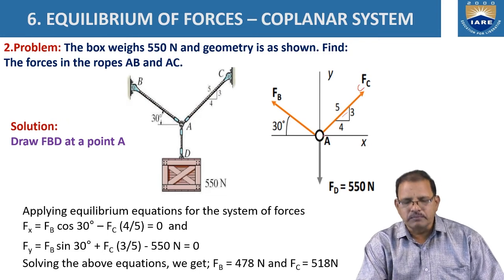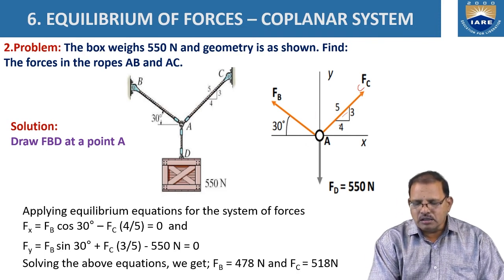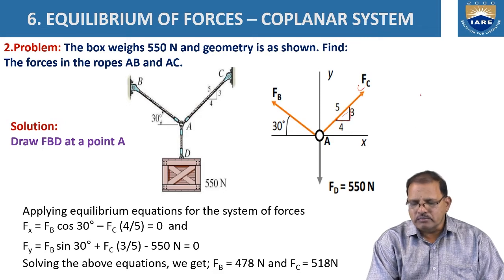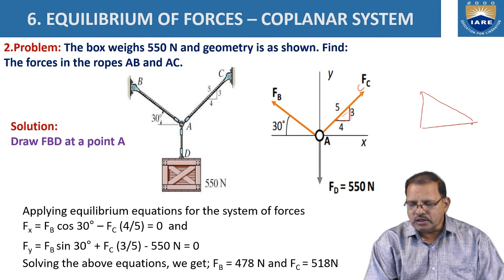Similarly, for AB, it is represented as F_B away from it, making an angle of 30 degrees. Here, 4 and 3 are given as the inclination. It means that if you take a right-angled triangle, 4 represents the adjacent side and 3 represents the opposite side. Hence, 5 represents the hypotenuse.